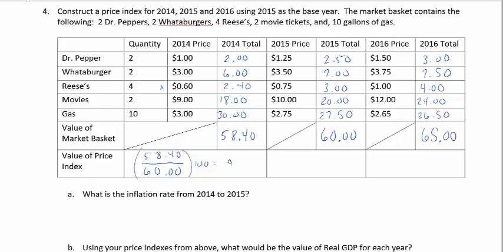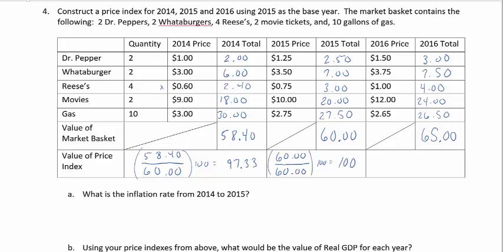We get a price index for 2014 of 97.33. Alright, let's do the same thing for 2015. Now the current market basket is $60 because 2015 is now our current year. 2015 is also our base year. And then we multiply by 100 and we get 100.